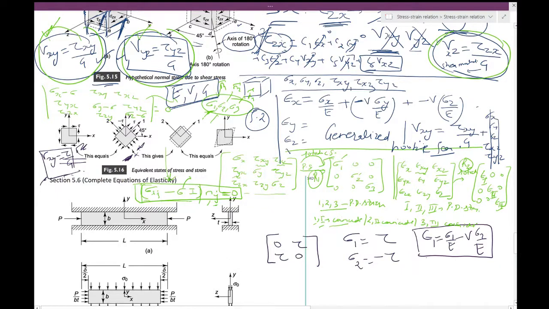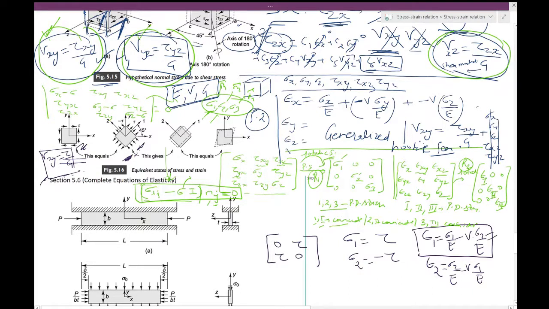Okay, and similarly you would have epsilon 2 that would be equal to sigma 2 by E minus nu by sigma 1 by E. Okay, so you have found the principal strains along these axes, and these are the values just by using the Hooke's law. And you can just substitute the value of sigma 1.